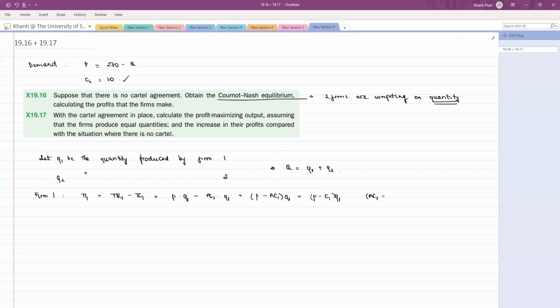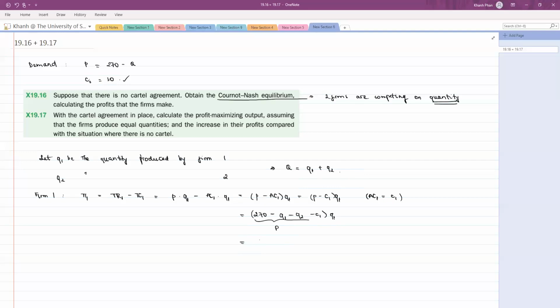In this case, average cost AC1 is just equal to the constant marginal cost C1. And we have P as 270 minus big Q. Now big Q is basically Q1 plus Q2, so I substitute that in: 270 minus Q1 minus Q2. That is my price. So the whole thing is just the price, and minus C1, everything times Q1.